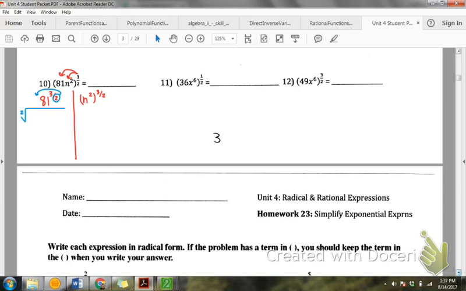And how many 81s do I have left in there, Jonathan? How many 81s are left? Well, once you pull out 2, you got 81 to the 3rd power. So I have 3 81s in there, right? So I'm going to put 81 times 81 times 81.